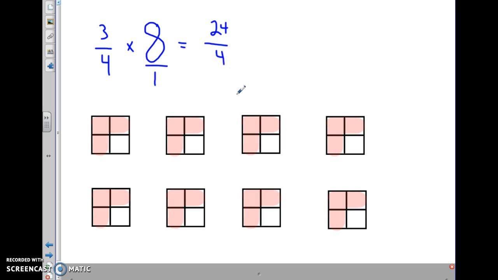But now we have an improper fraction, and they aren't really that nice to work with. They're kind of sloppy, right? So we want to make it a little bit easier to understand what 24/4 is. So I'm just going to change that into either a whole number or a mixed number, right? By saying how many times does 4 go into 24? 24 divided by 4 would give me 6. 6 whole. Okay, so that's our answer. We're going to work more on that tomorrow. See you then.